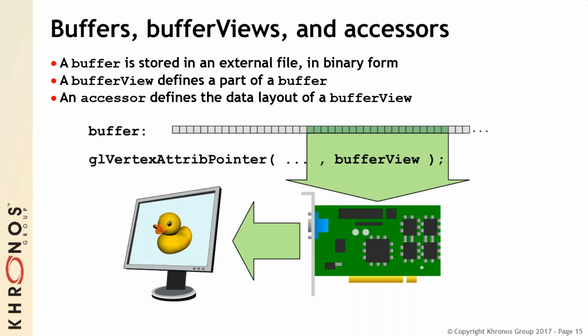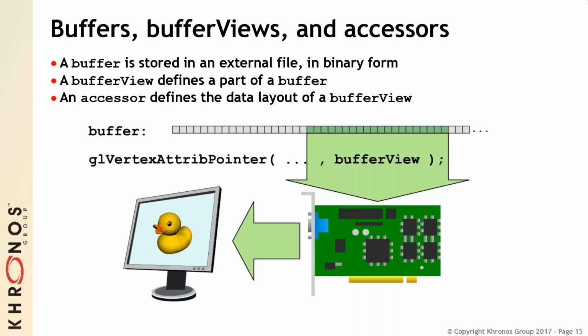It's just raw binary data, and the interpretation of this raw binary data is accomplished on client side by using buffer views and accessors. A buffer view just defines a part of a buffer, just cuts out a slice of the buffer, and the accessor defines the data type and layout of the data that is contained in the buffer view. For example, whether it's 3D vectors of floating point values or indices as integer values, for example.